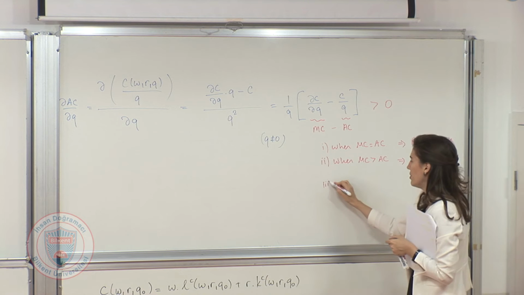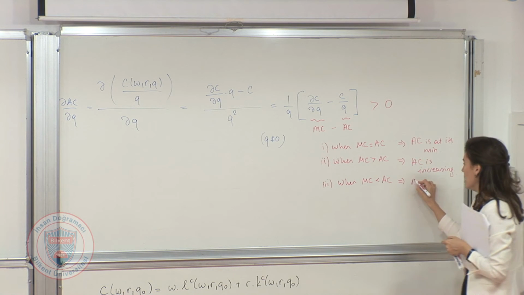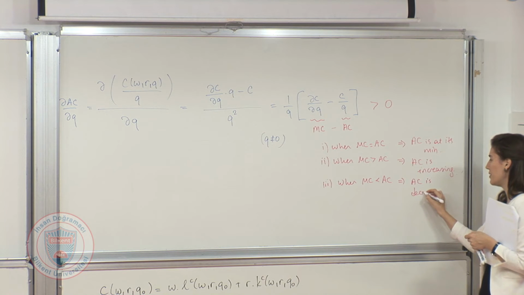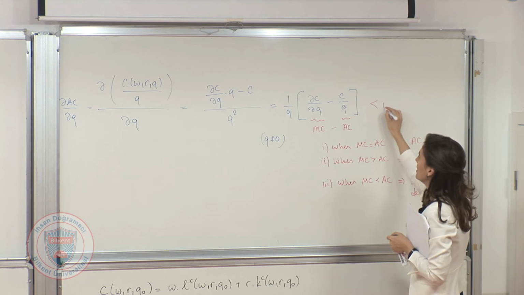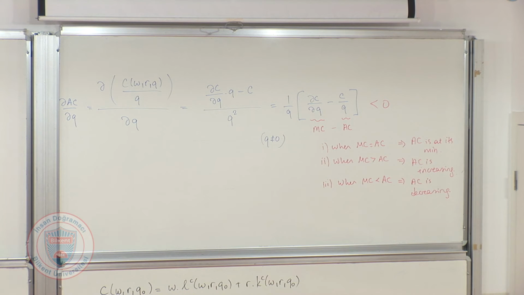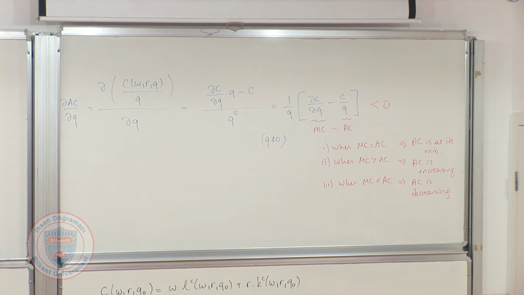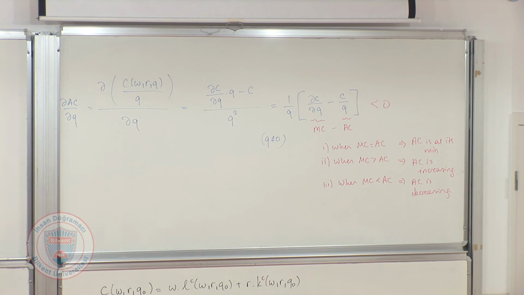And the third one, you see that when marginal cost is less than average cost, the derivative is less than 0, which means that average cost is decreasing, okay? So you see, we know this fact graphically and intuitively, but now we can always show it mathematically, which is easy, okay? Now, let me erase this.